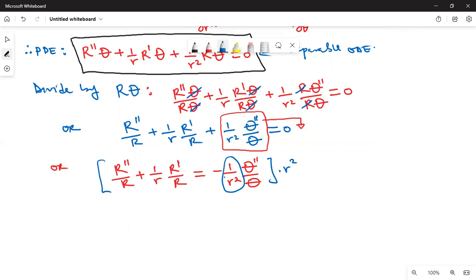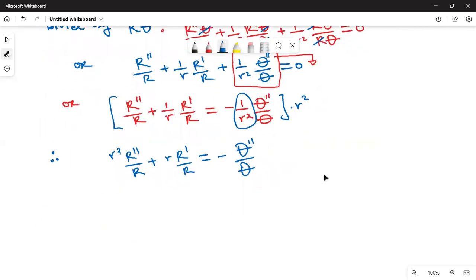Therefore, we are going to have r squared times R double prime over R, plus r squared over r, which is the same as r, times R prime over R, is equal to negative theta double prime over theta.